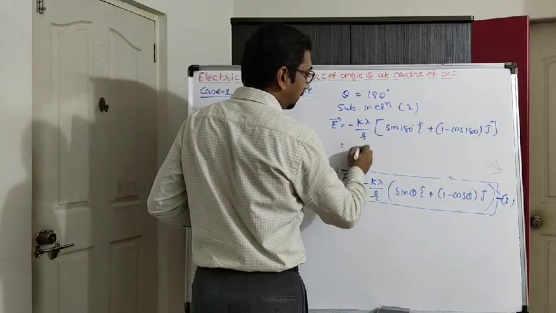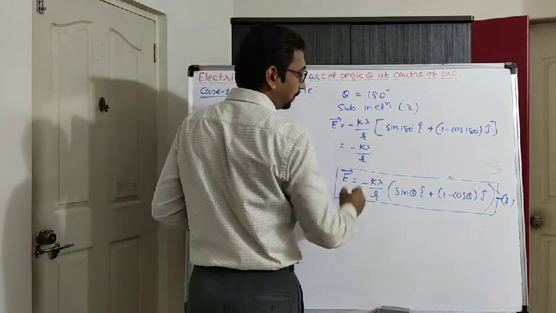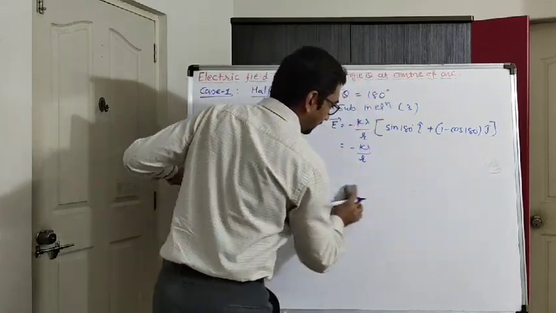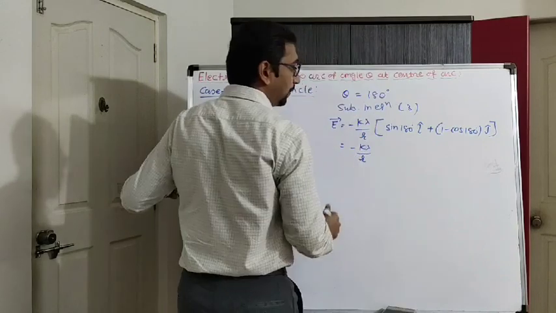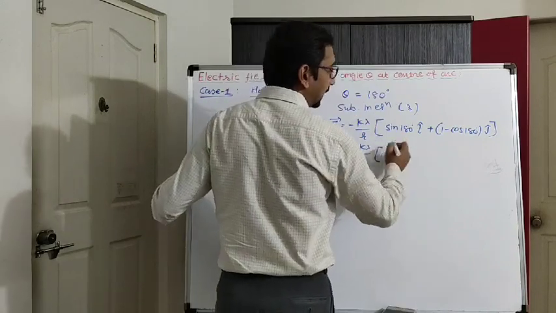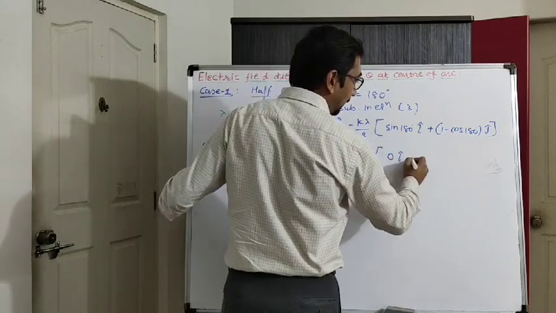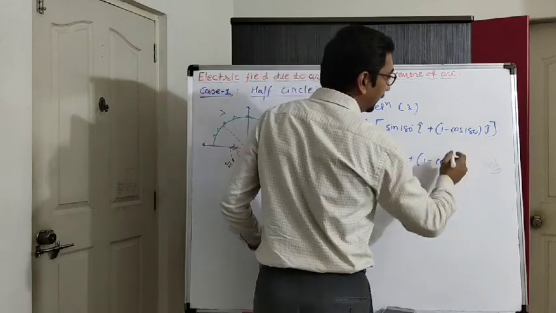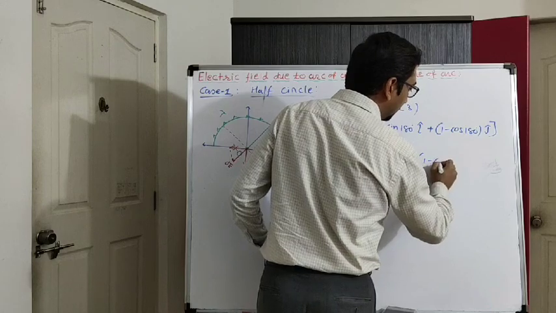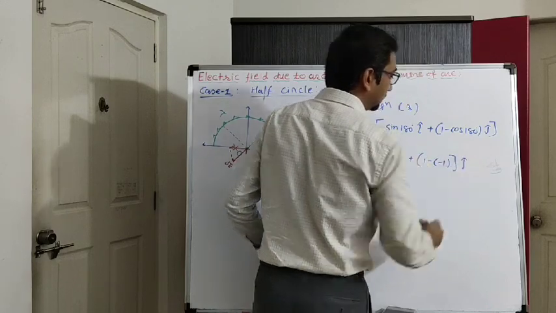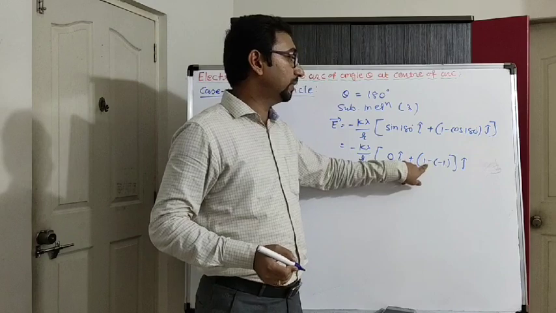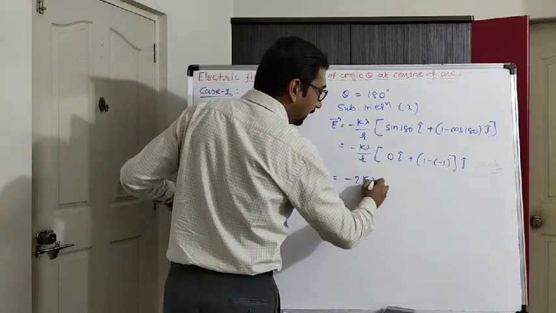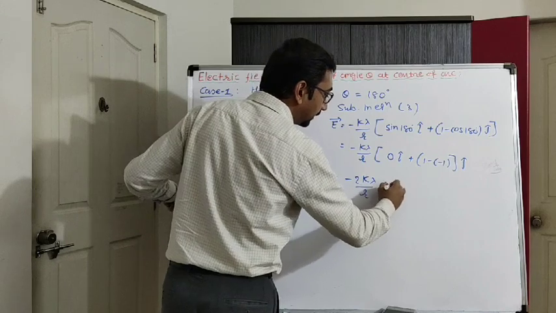So this will be minus k lambda upon r in bracket: sin 180 degrees is 0 i caret plus 1 minus cos 180 degrees, which is minus 1, so this will be 1 minus (minus 1), that is 2. So the final answer is minus 2k lambda upon r j caret.